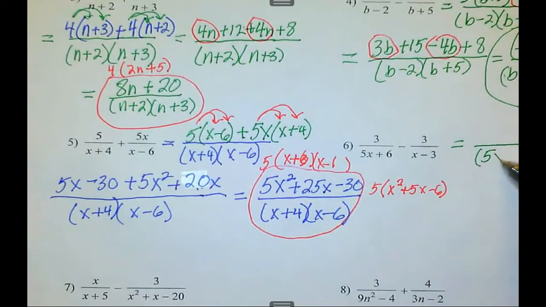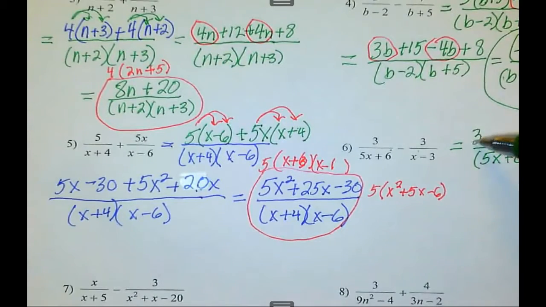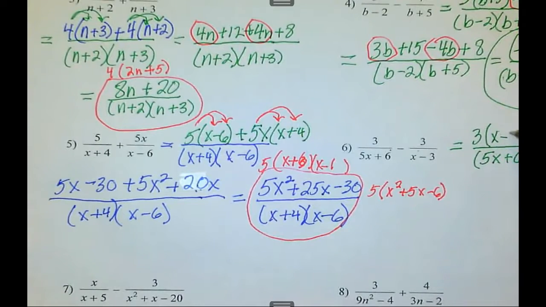Least common denominator, 5x plus 6 times x minus 3. This fraction's missing the x minus 3, so I'm going to multiply the numerator by x minus 3. Minus, this one's missing the 5x plus 6, so I'm going to have 3 times 5x plus 6.